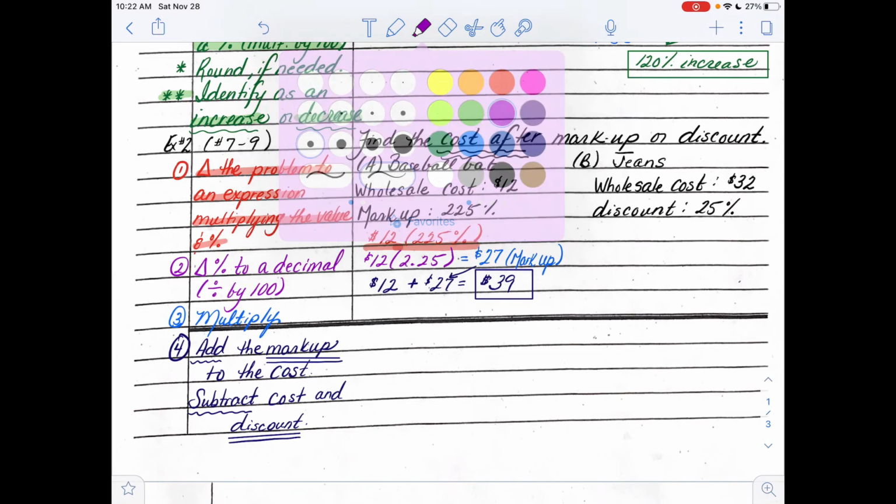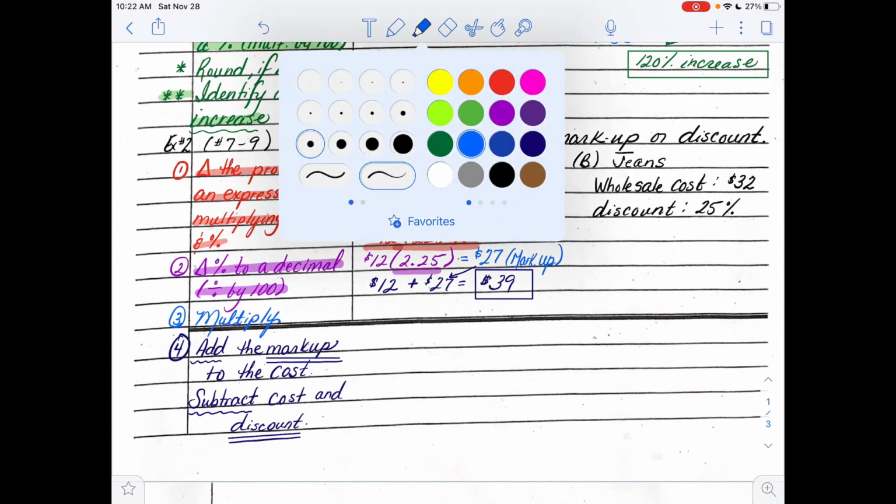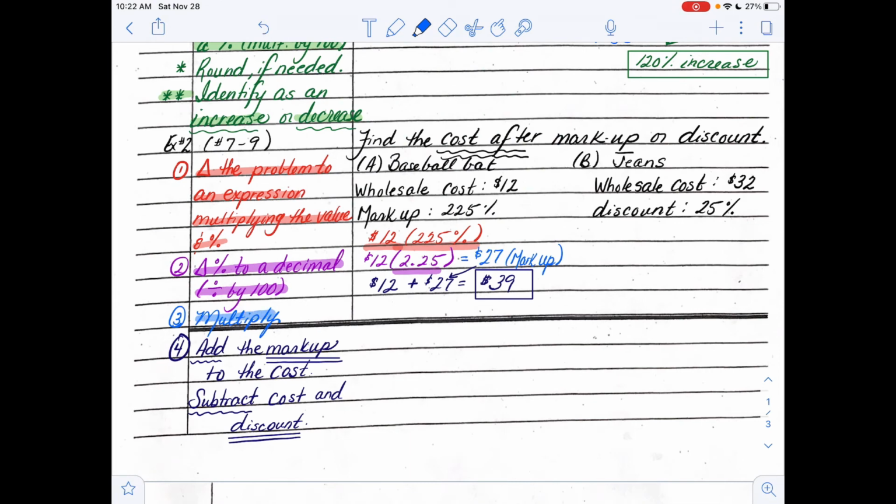Step 2, we're changing that percent to a decimal, and we do that by dividing by 100. So that 225% becomes 2.25 by moving that decimal 2 places to the left. And then, of course, I multiply. When I multiply, I get $27. Now, again, that's my markup. That's not my answer.